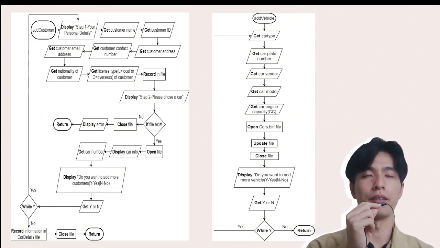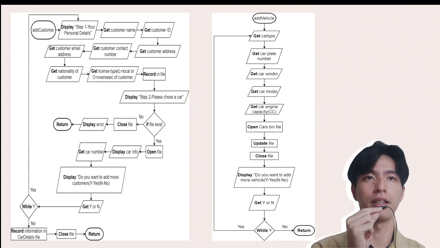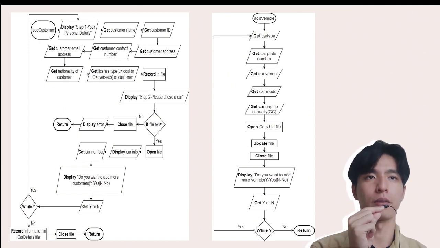Now I will explain the flowchart of the add customer function. First of all, the program will get the customer name, customer ID, customer address, contact number, email address, nationality, and license type from the user, and then record it in the file called customer information.